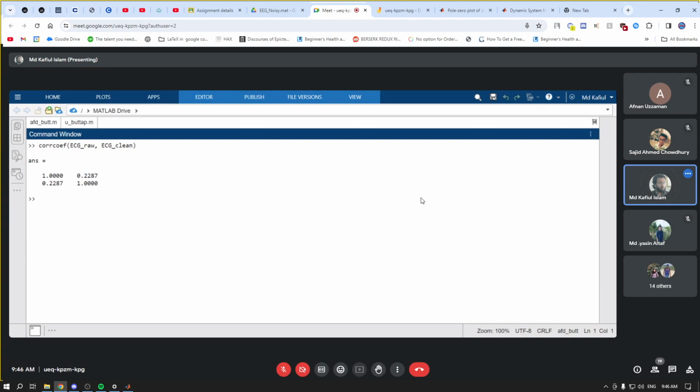Now the same thing for after filtering. One thing we have noticed is that each time we are using the clean signal as the reference, right? So we are always comparing with the reference clean signal. But it has become negative 21.76%. So before filtering, it was a positive correlation. Now we have a negative correlation.